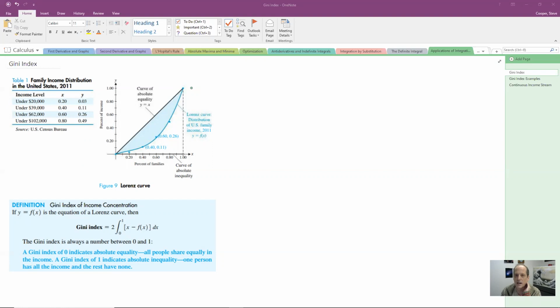Now this is going to be the top curve, and that's just a simple y equals x, f of x equals x. So it's just a slope one line through the origin.